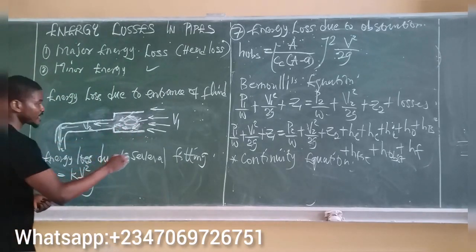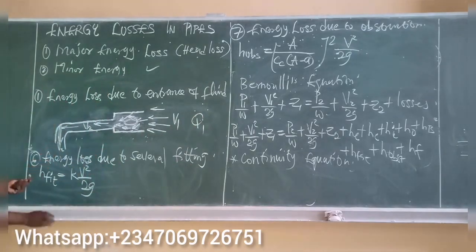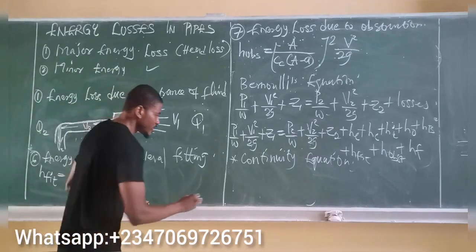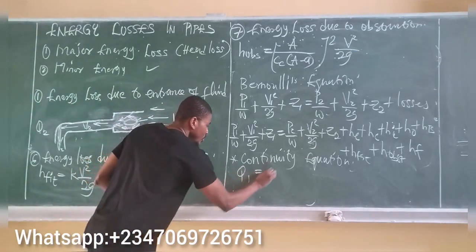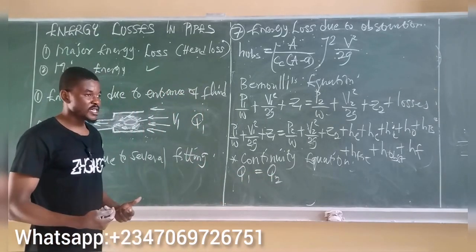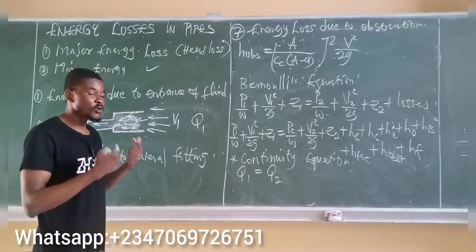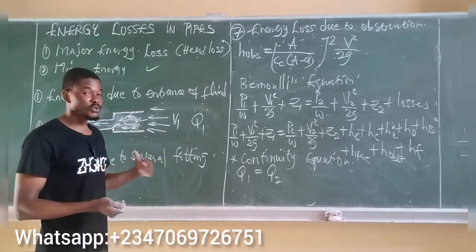So if this fluid enters here with a particular discharge called Q1, and leaves here with a particular discharge called Q2, then from the continuity equation, Q1 is equal to Q2. And what is discharge? Area times velocity. The intensity, or rate of flow, of fluid through a pipe is called discharge.